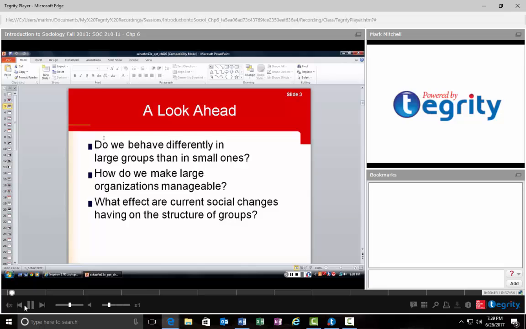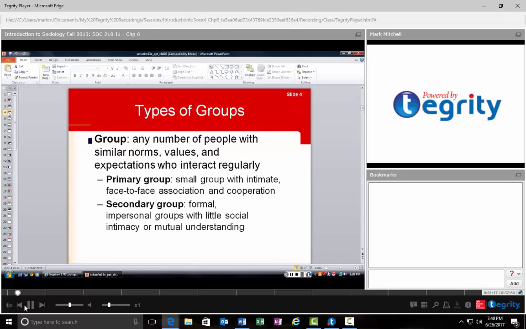We also want to consider how we make even larger organizational groups manageable when they get to the hundreds or thousands or even more. And finally, what effect will current social changes have upon the structure of groups? All good questions to examine, and hopefully we'll find some of those answers before we end today.